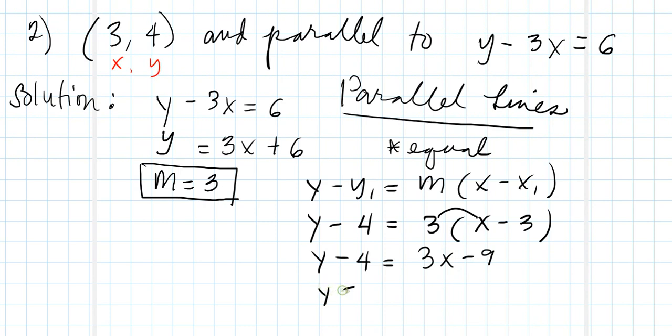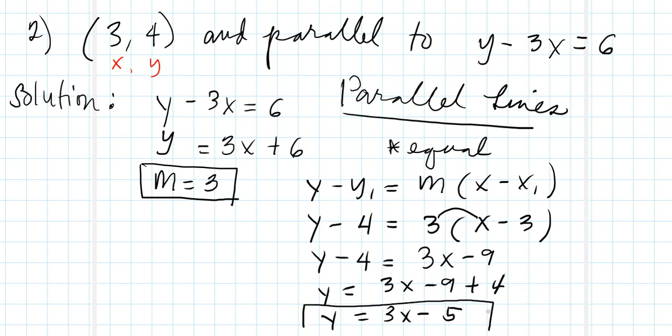So y is equal to 3x minus 9 plus 4, because we transpose, so y equals 3x minus 5. Okay? So therefore, we have here the equation.